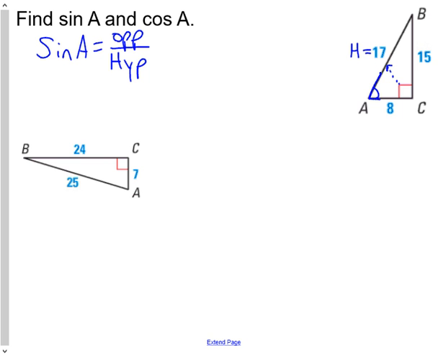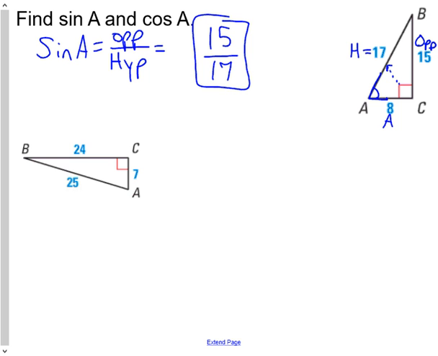Angle A is made by these two sides, so this side is going to be our opposite. 15 is opposite, 8 is adjacent. So sine is opposite over hypotenuse, sorry, not over adjacent, over hypotenuse. So we got 15 over, and the hypotenuse was 17. And this is our sine of A.